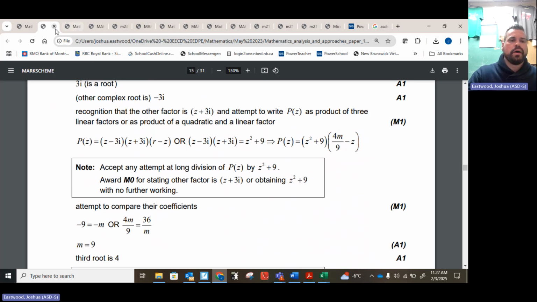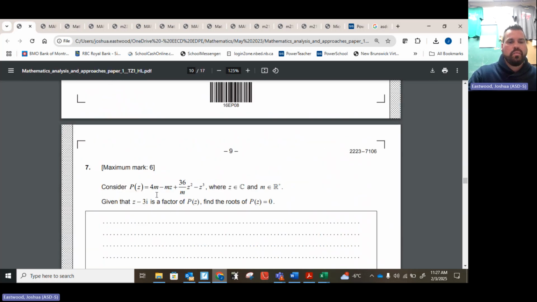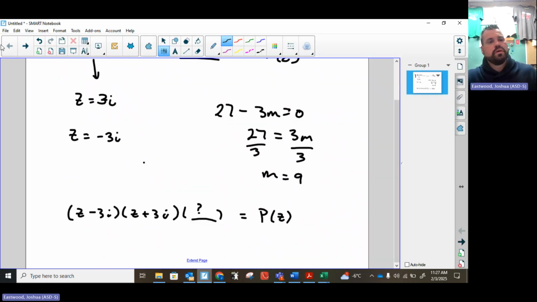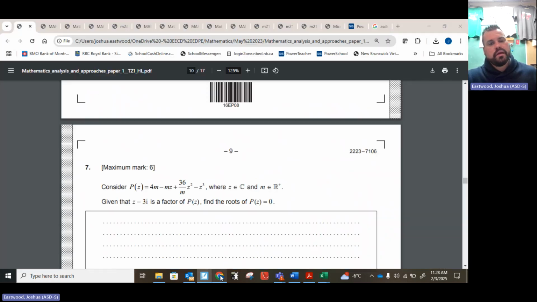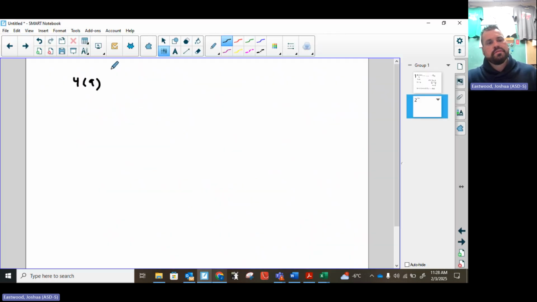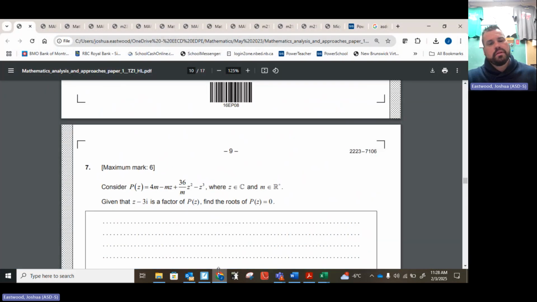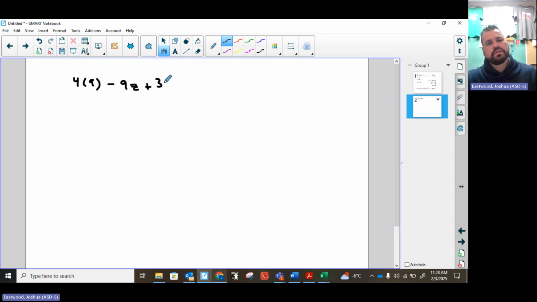And if you go back here, with m equal to 9, it's probably helpful to do that just to show you. So I'm going to go 4 times m, so 4 times 9, and then it's minus m times z, so minus 9 times z, and then plus 36 divided by m, so plus 36 divided by 9 times z, leave it squared, and then minus z cubed.